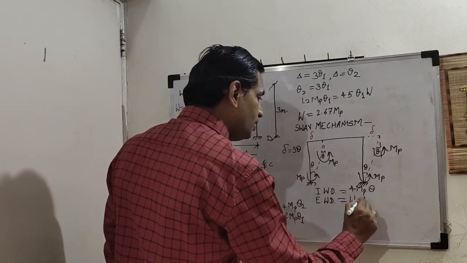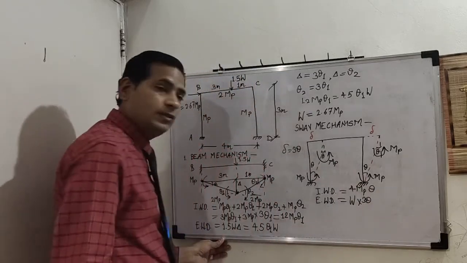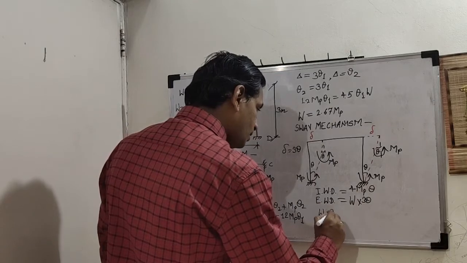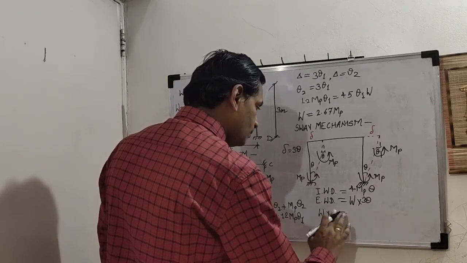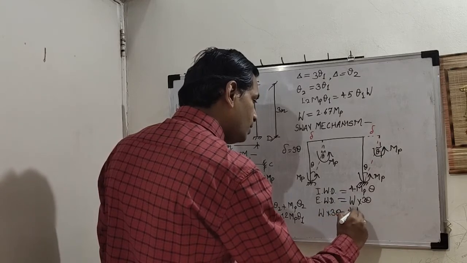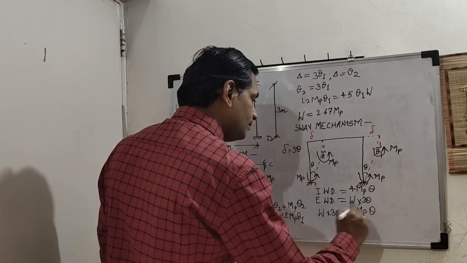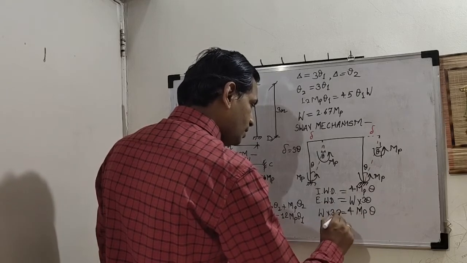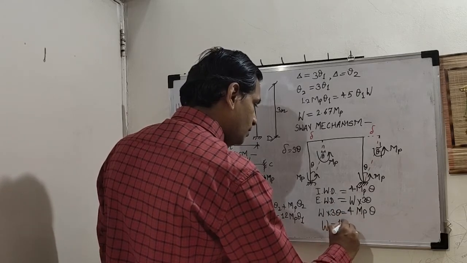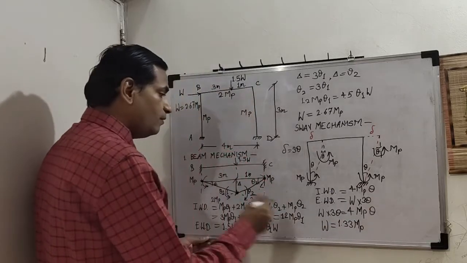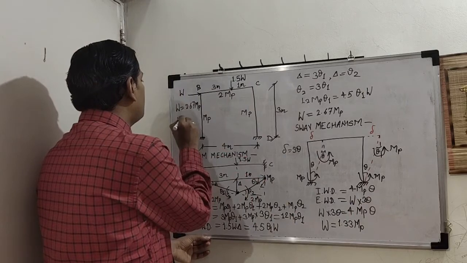What is delta? 3 theta. So equate these two. So W into 3 theta is equal to 4 MP theta. So W is 4 by 3. 4 by 3 is 1.33 MP. So our second value of W is 1.33 MP.